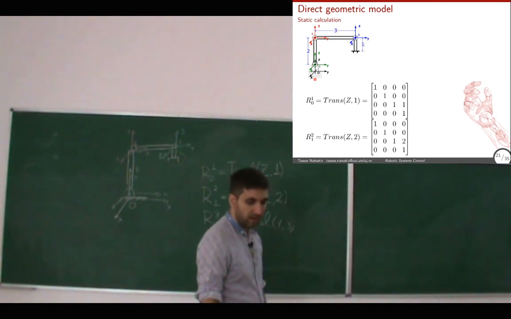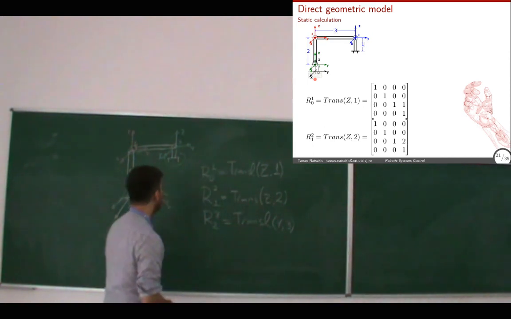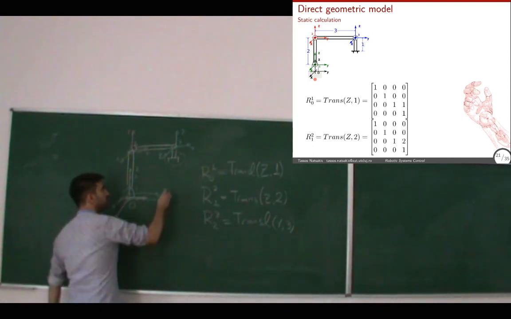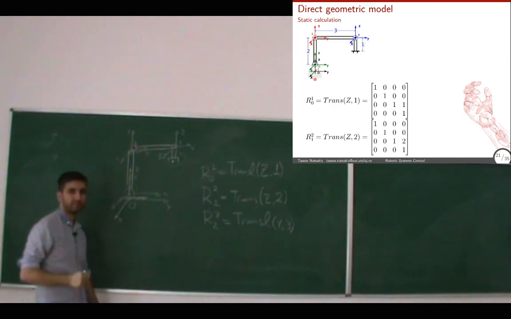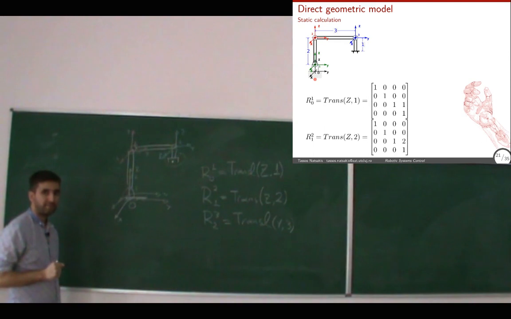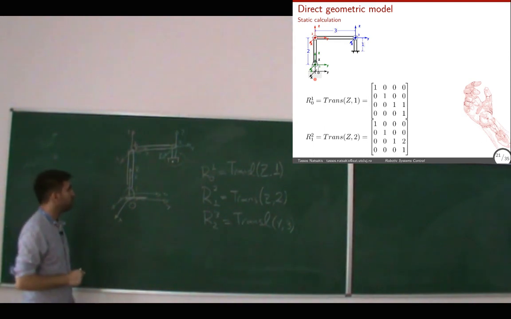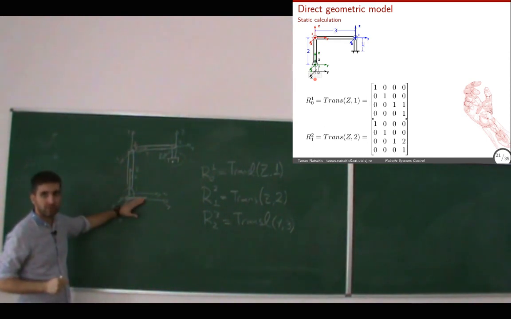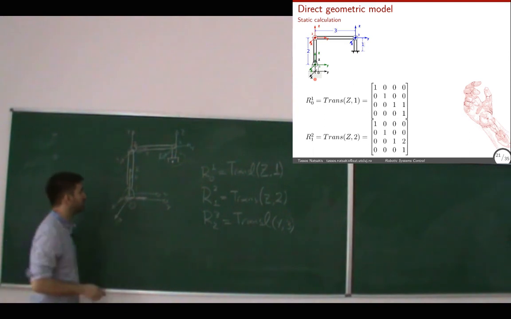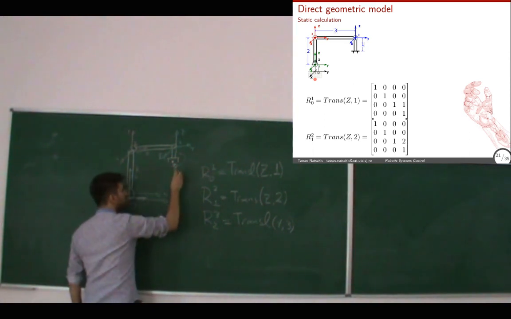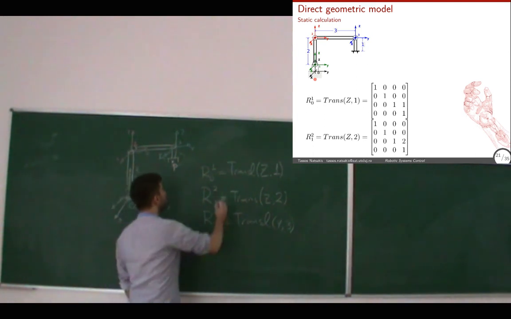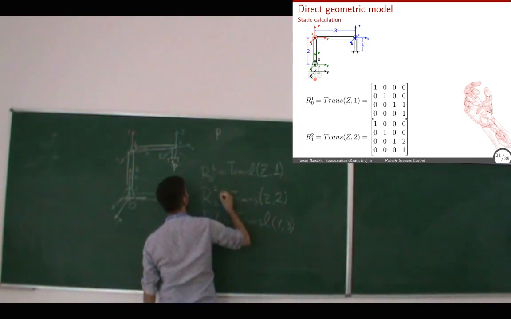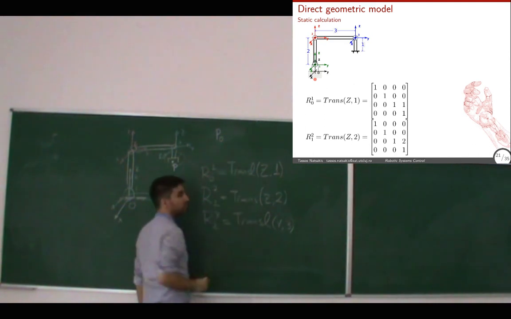Good. Now, I want to find out, first of all, the position. Then we'll talk about the orientation. I want to find what is the position of this point here, expressed in the base coordinate frame, in coordinate frame 0. So let's call this P, point P. And what am I looking for? I'm looking for P expressed in 0.